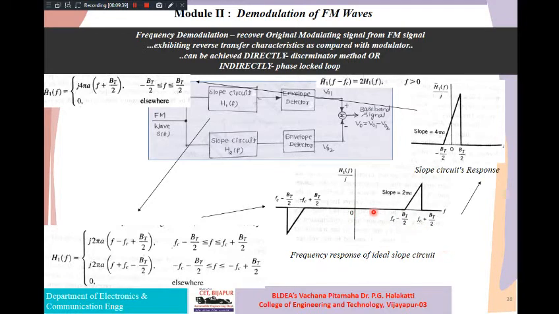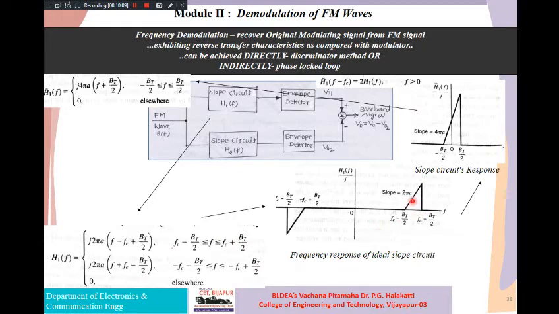We got only two frequency bands symmetrically arranged on either side of the h1 of f by j axis, having the slope 2 pi a and bandwidth of Bt. Their frequency ranges have been shown here in this equation. So this is about the ideal slope circuit.